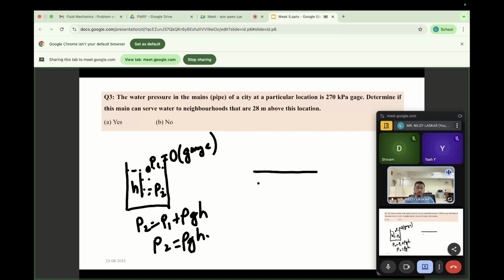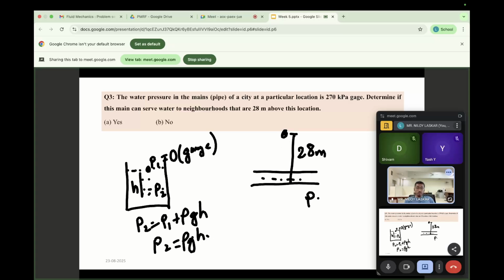So this is the pipeline, and this is the house. The location of this house is say 28 meter above this one. The pressure is given. What is the pressure?